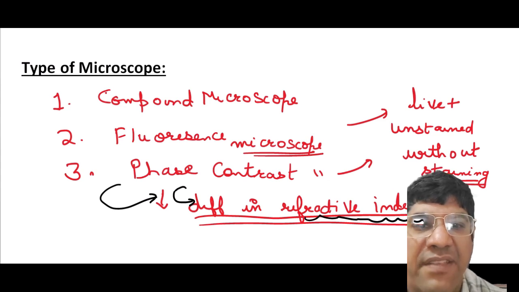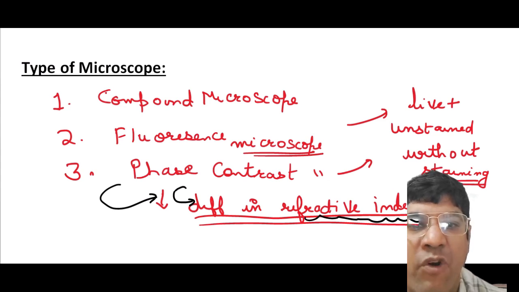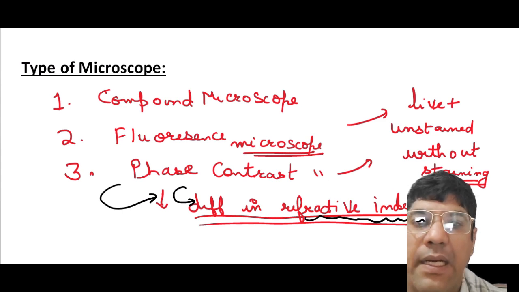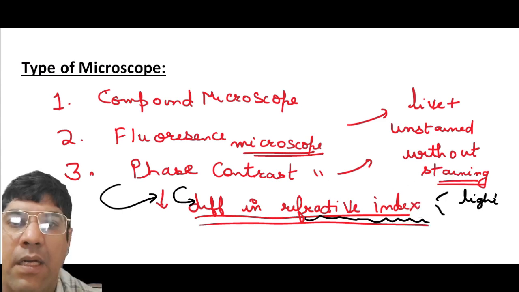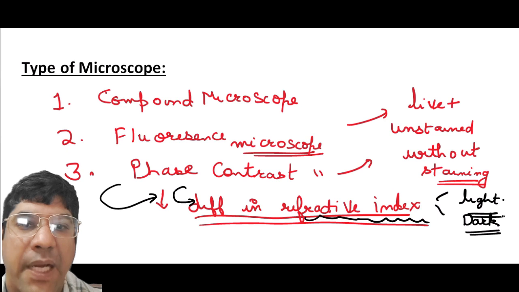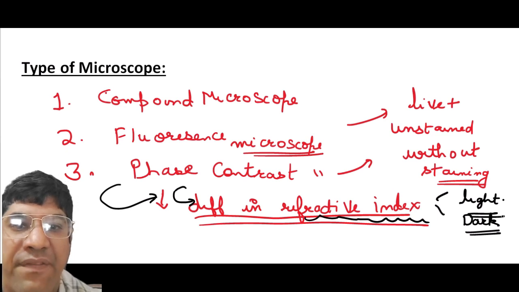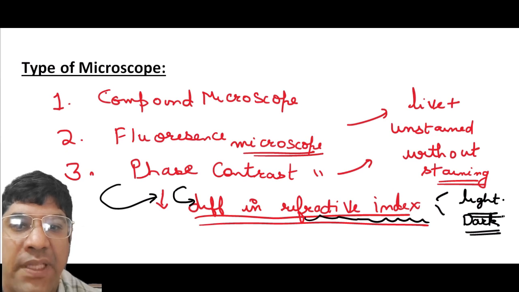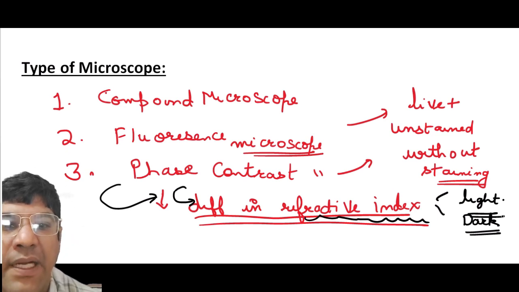So the phase differences in the specimen are transformed into light and dark contrast in the final image. So areas of the specimen that have different thickness are visualized more distinctly. That enhances the visibility of the internal structures within the cells and makes the bacterial cells clearly visible against their background.